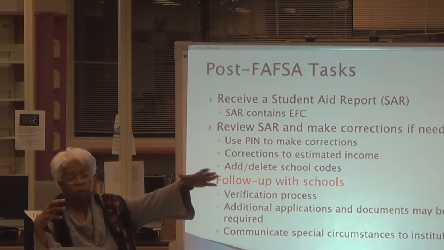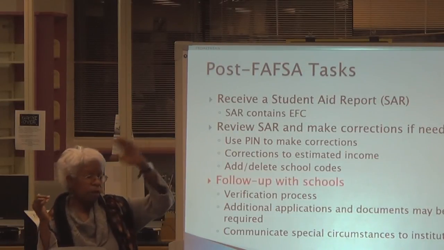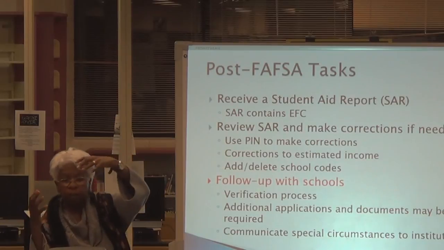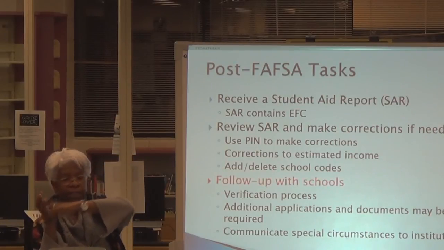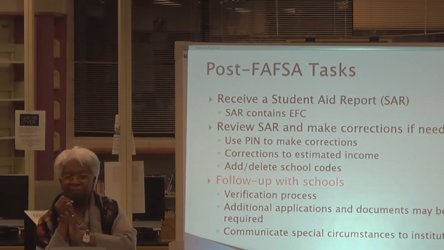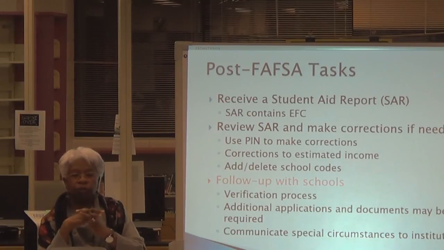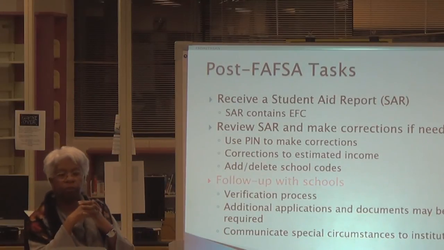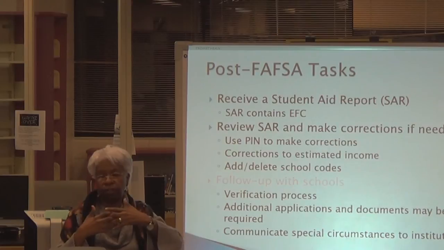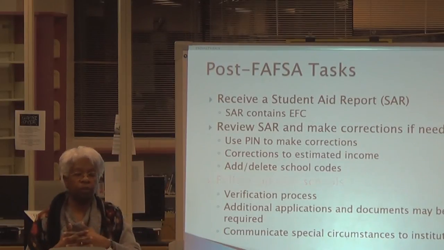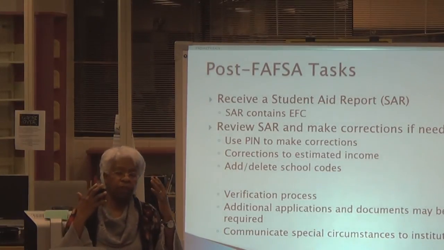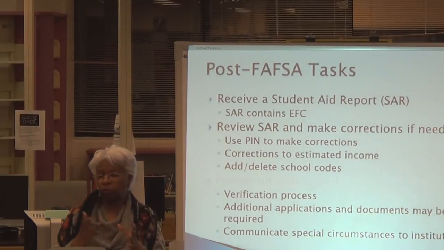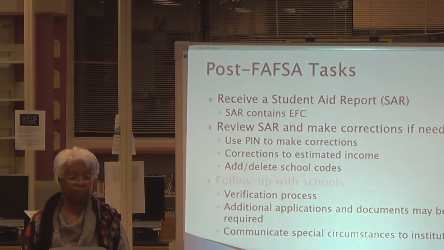There are too many Mary Louises to figure out which Mary Louise is the student that owns that FAFSA. So make sure you have your social security number there and that the information matches the same name that's on the social security card. That is the biggest thing to remember.